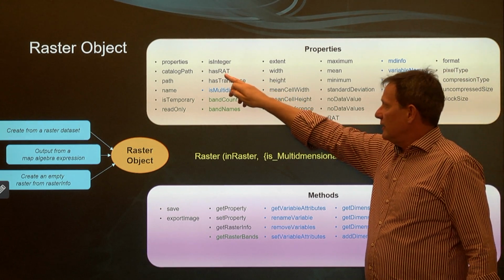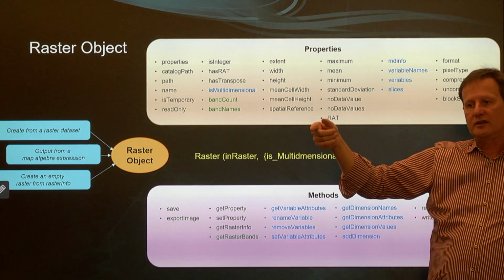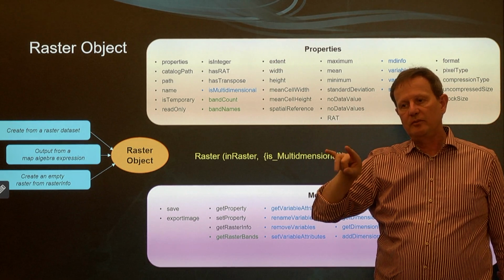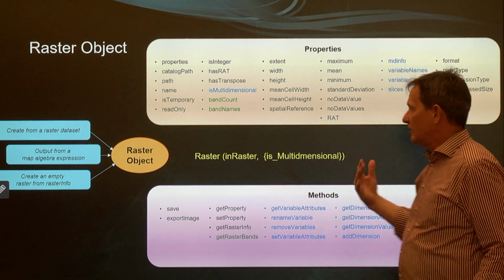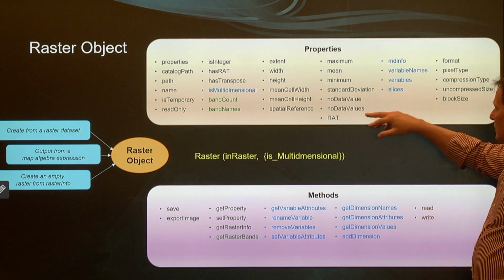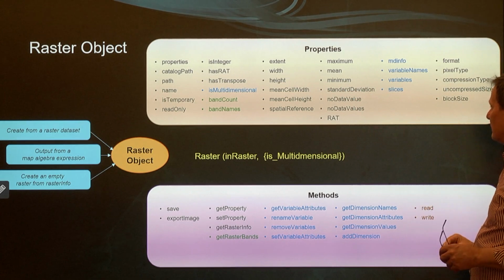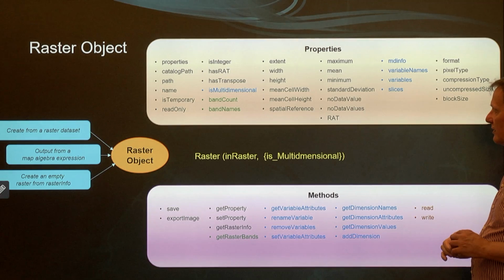Then you have crazy things like raster attribute tables. You probably know that if you have classified data in the back end, you have a mapping between the pixel value and the attribute value. Get those tables, read those tables. Basic information on what it is, where it is, the statistics. All these things are really good to get from a raster object.